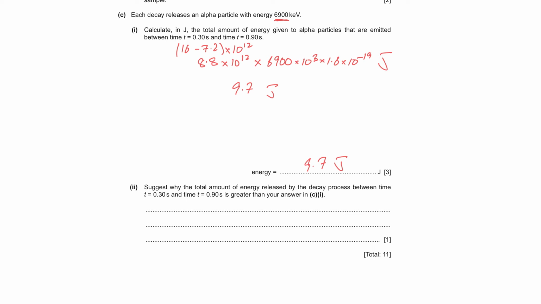So our total energy would be greater than this value. So you may either write gamma photons are also emitted, or we may write that the lead or the daughter nuclei may have kinetic energy.